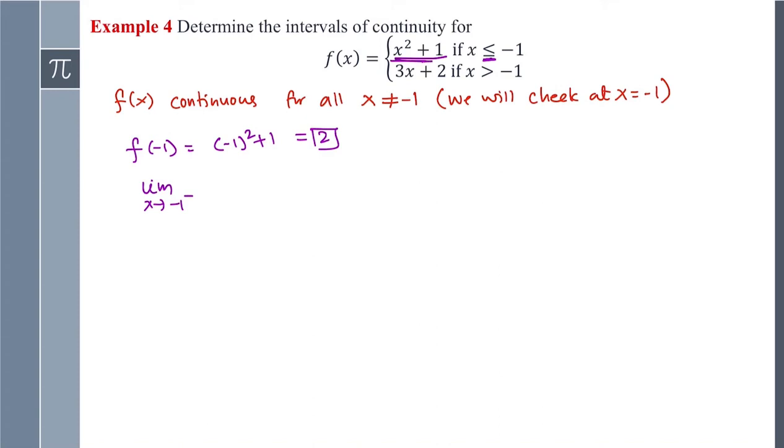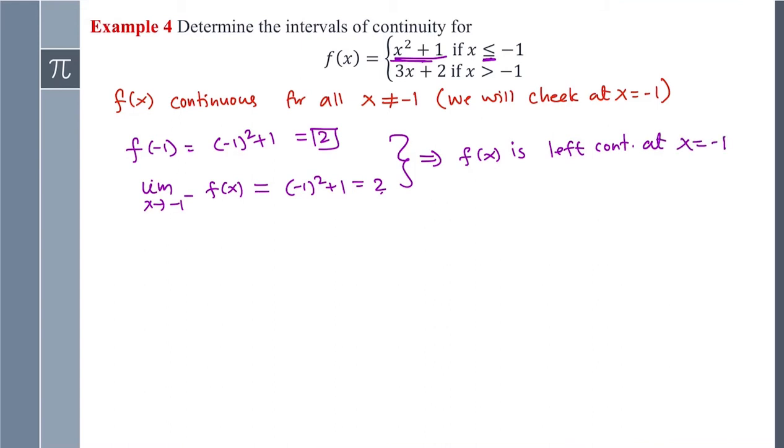We'll use again this one, so (-1) squared plus 1, which is 2. Now the value of the function is the same as the limit, so this implies that f of x is left continuous at x equals -1.